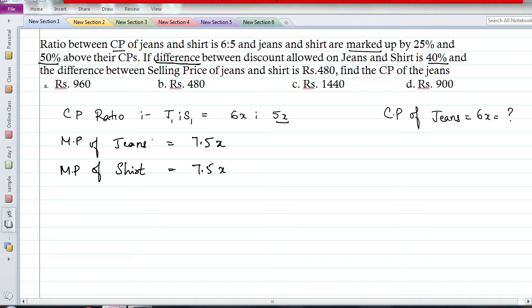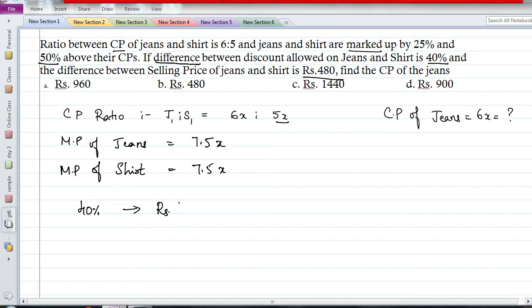Now difference between discount allowed on jeans and shirt is 40% and that difference is 480. Difference between their selling price is 480. So what is that 40%? 40% of selling price is 480 rupees.